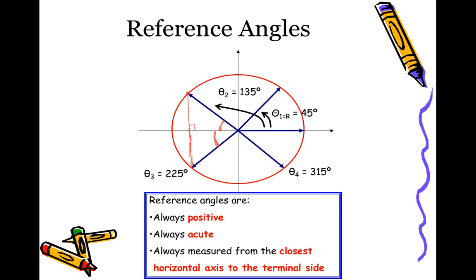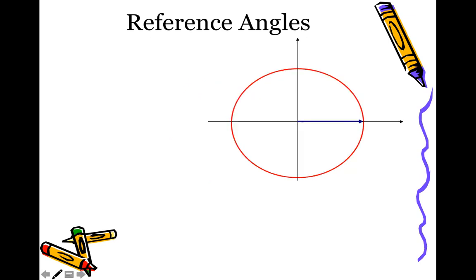You start here and you go all the way around to 315. But when you're talking about a reference angle, I'm going to drop that perpendicular to my closest horizontal right there. What is this angle? Oh, it's 45 degrees again, right? So I'm saying how many degrees does it take to get to 360 is almost what I'm looking at.